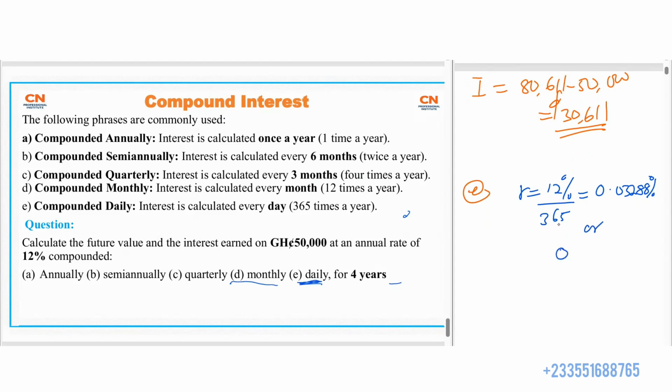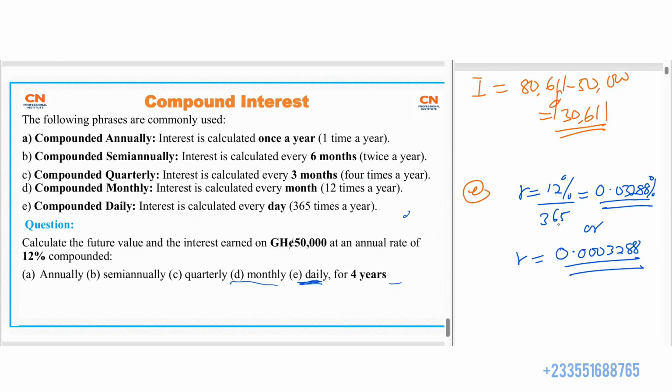So you get r to be equal to 0.0003288. Just pick your calculator and divide 0.03288 by 100.